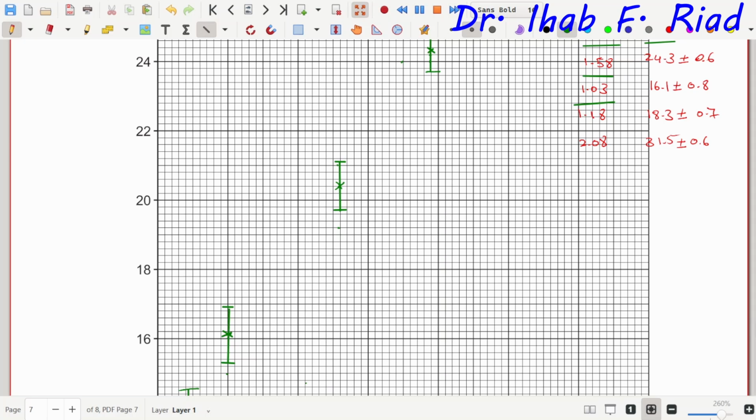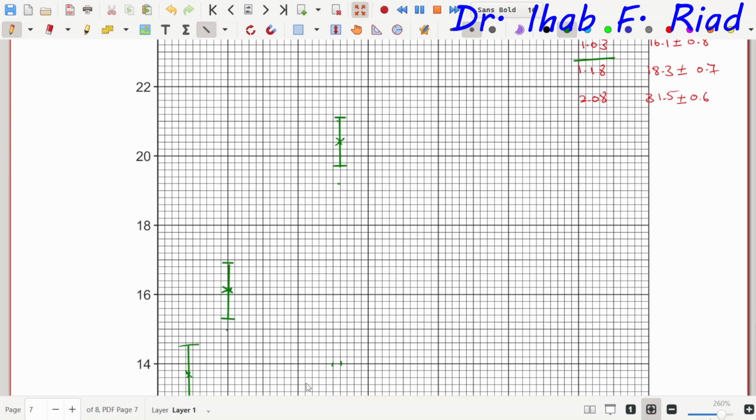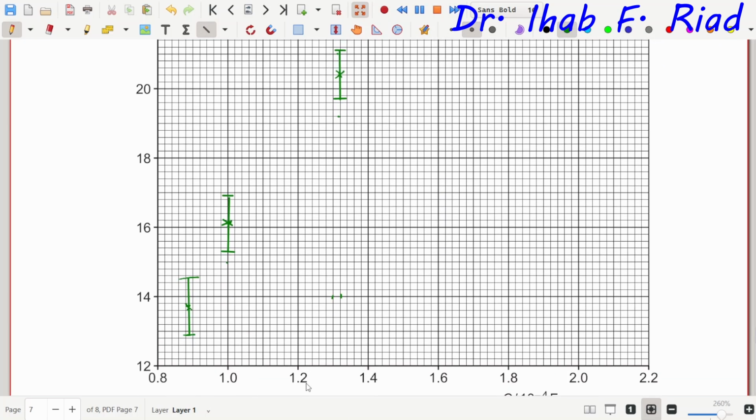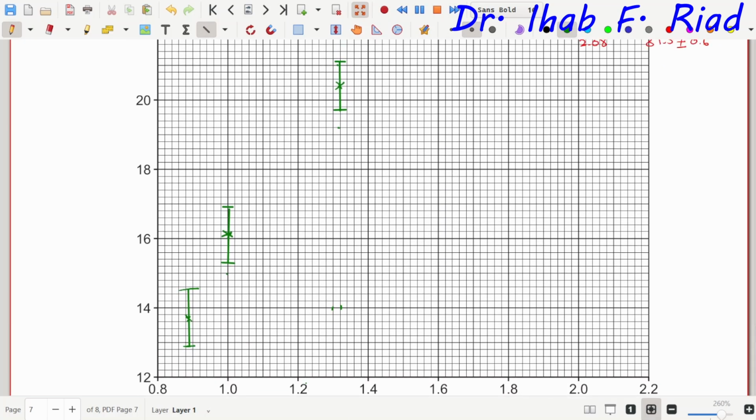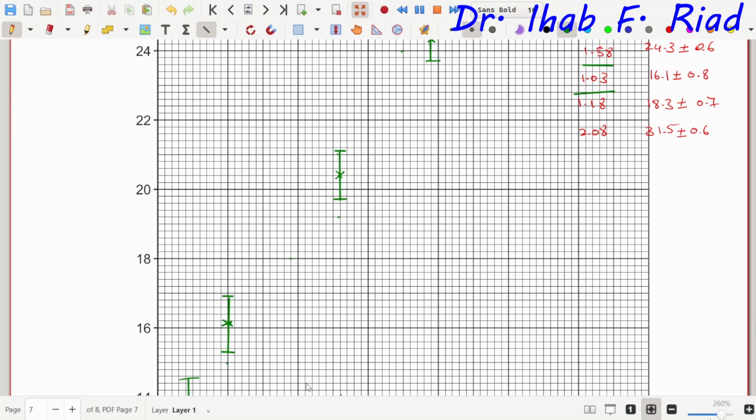Now we have 1.18. This is 1.1. 1.18 is here. Okay, and we have 18.3. So this is 18, 18.2, 18.4. We have 18.3 over here.